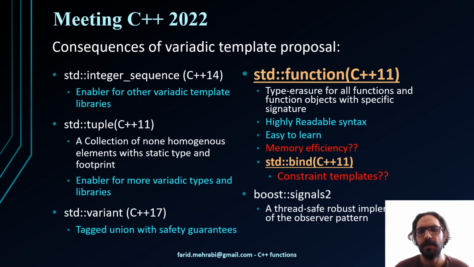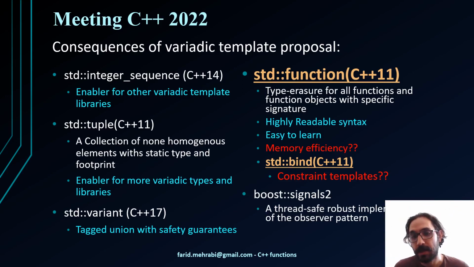std::bind is another useful library which is normally used in conjunction with std::function. It's a very well-defined library, but the cryptic messages when an error is detected is a major problem.